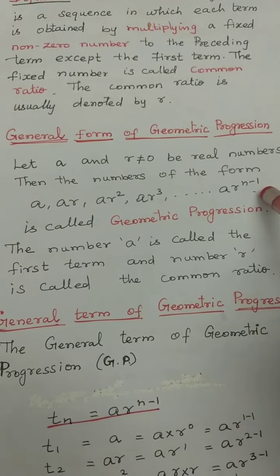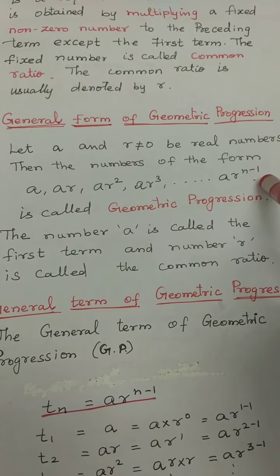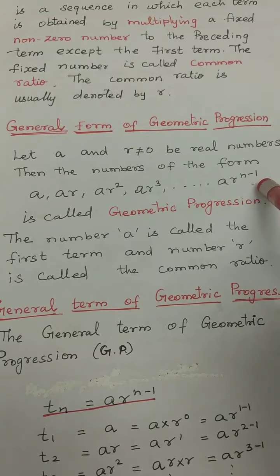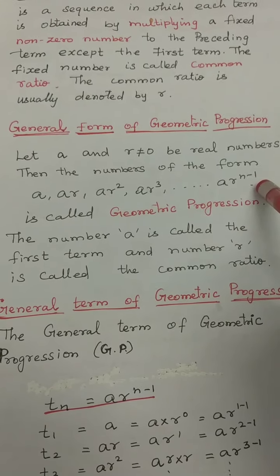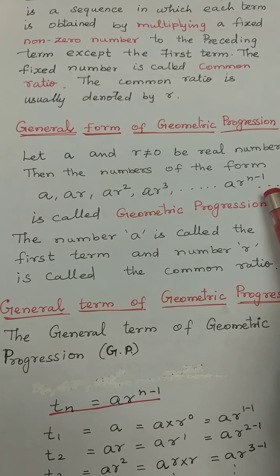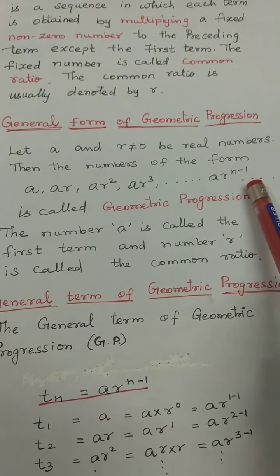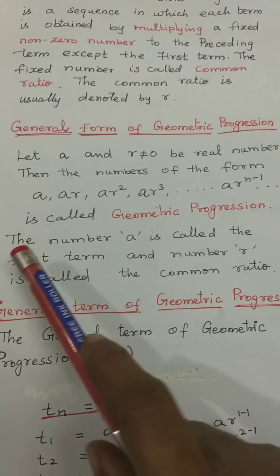Okay. Think about arithmetic progression. There the general form of arithmetic progression is a, a plus d, a plus 2d, a plus 3d and so on, a plus n minus 1 into d. Okay.